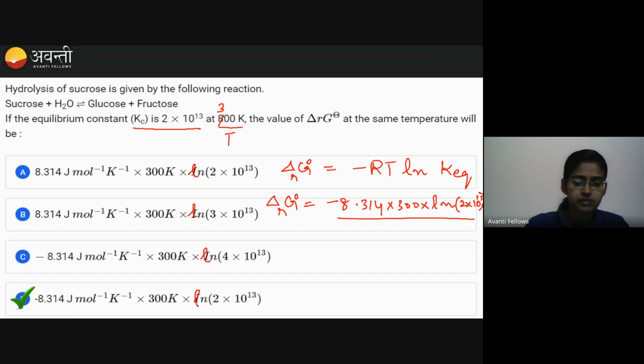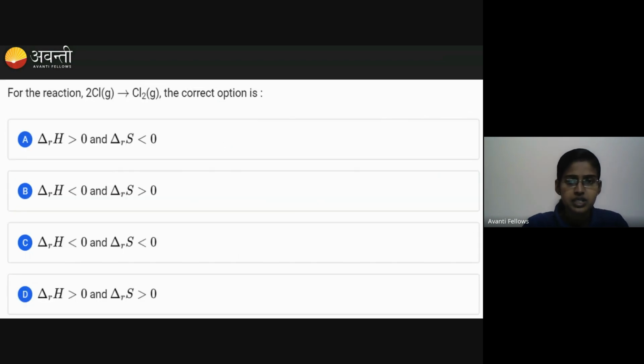Good. Coming to the next question. For the reaction 2Cl giving Cl2, the correct option is. Try for this also. Here, two chlorine atoms in gaseous form are combining to form one chlorine molecule. So it is a bond formation process between the two chlorine atoms.